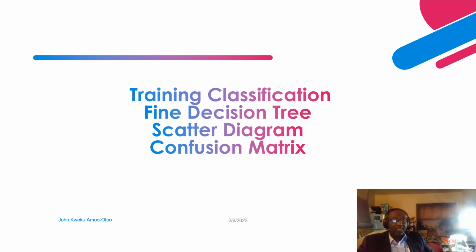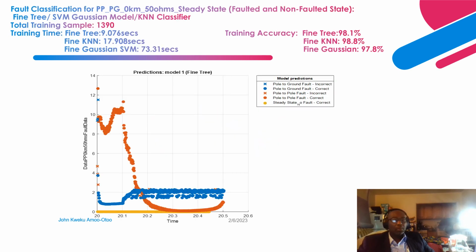Let's take a look at the training classification. We'll look at the fine decision tree, the scatter diagram and the confusion matrix. We have a faulted state right here, pole to pole fault current at 0 kilometers, right at the terminal of the HVDC MMC converter, and the fault arcing resistance is 50 ohms.